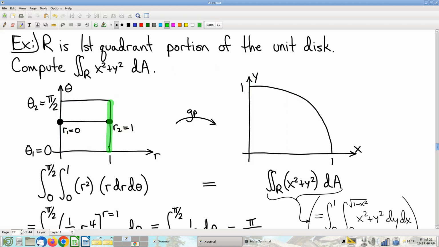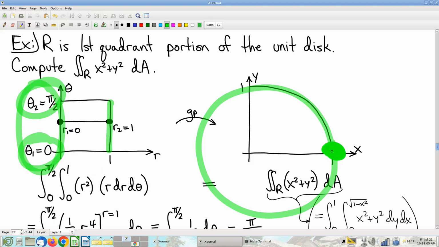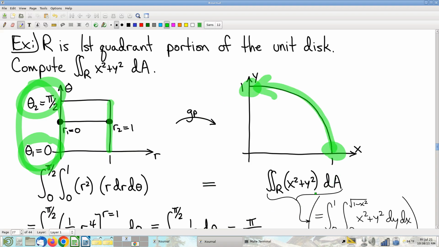That edge is where r is equal to 1, and then theta goes from 0 to pi over 2. Okay, what does that look like in the xy plane? Well, r equals 1, and theta goes from 0 to pi over 2. Well, there's 0, and there's pi over 2. So that's what that edge looks like.